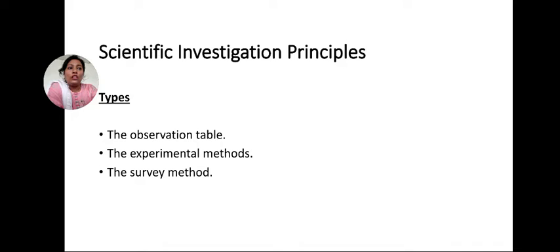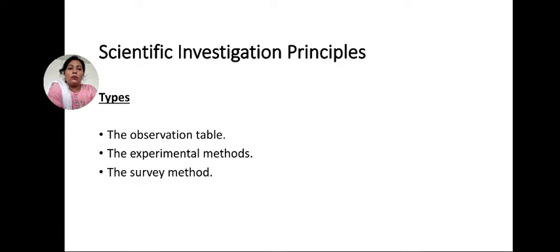The term is usually used to mean a systematic approach to solving a problem in science. There are 3 types of investigation methods: the first is the observation table, the second is the experimental method, and the third is the survey method.